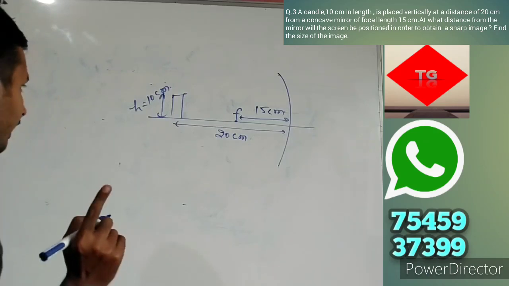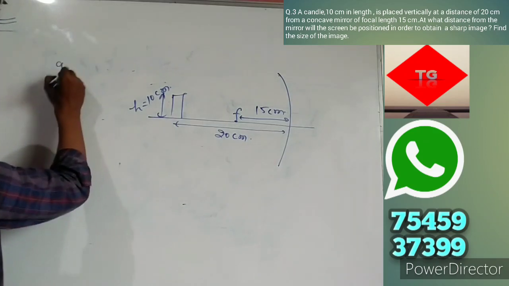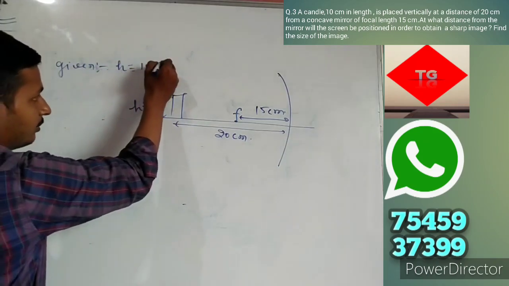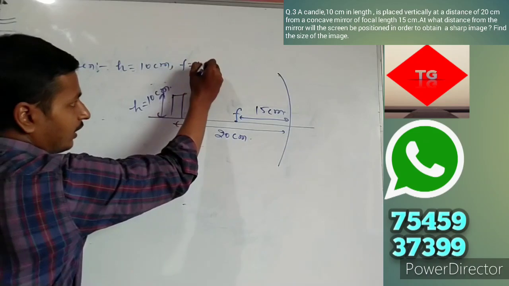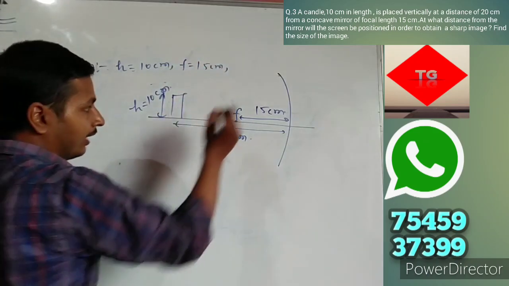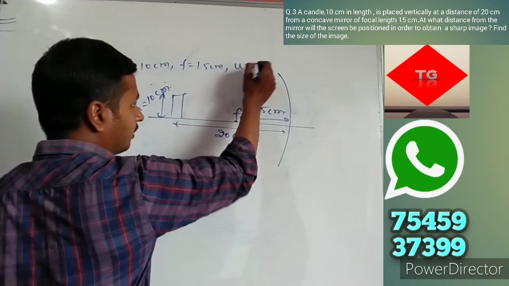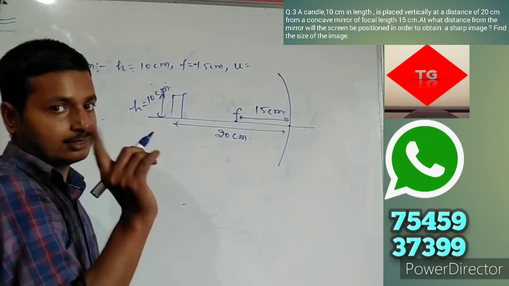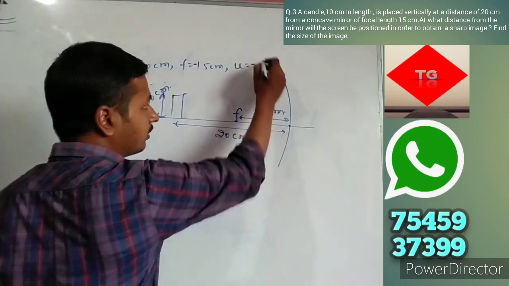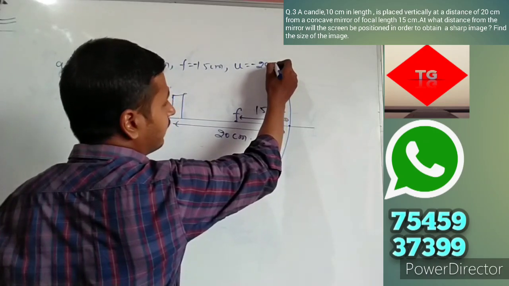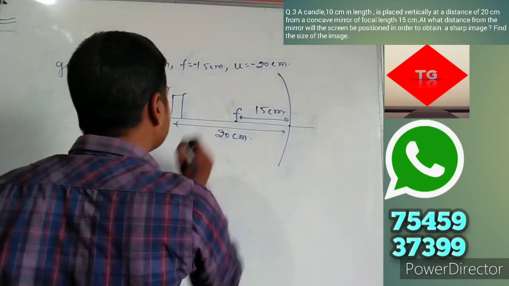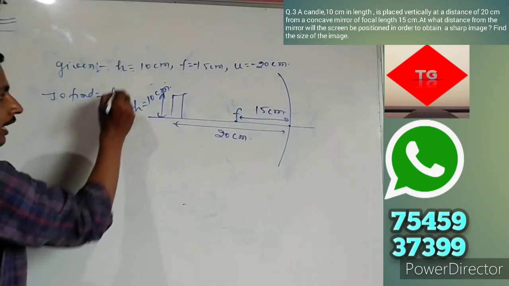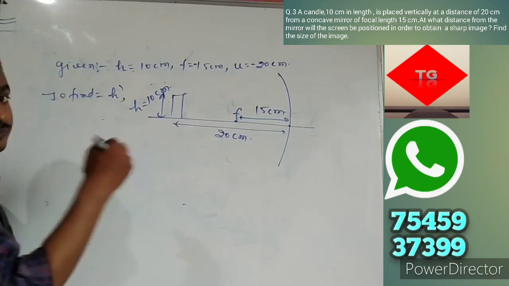Given: height of the object is 10 centimeter, the focal length is 15 centimeter, and the object distance, you must take negative according to the sign convention of spherical mirror, is minus 20 centimeter. To find: the height of the image and the position of that image.